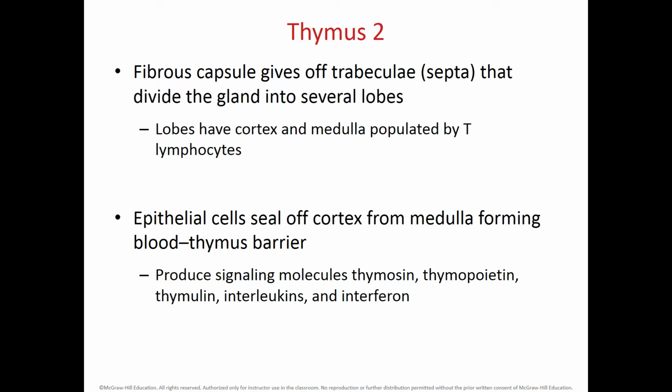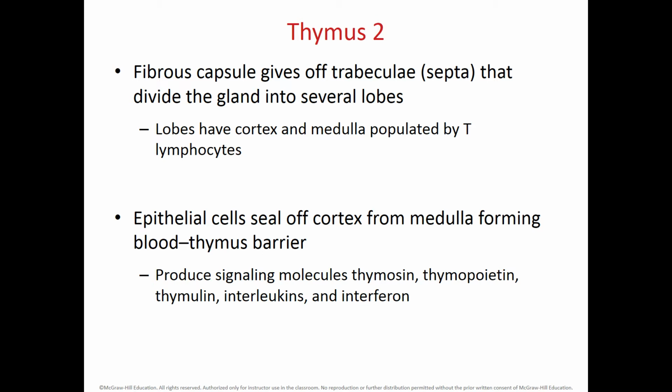Within the lobes, we will have an area that is superficial, closer to the capsule, called the cortex, and the most internal region will be called the medulla. Within the medulla is where we have the T lymphocytes. And we have epithelial cells sealing off the cortex from the medulla, and they will form the blood-thymus barrier.